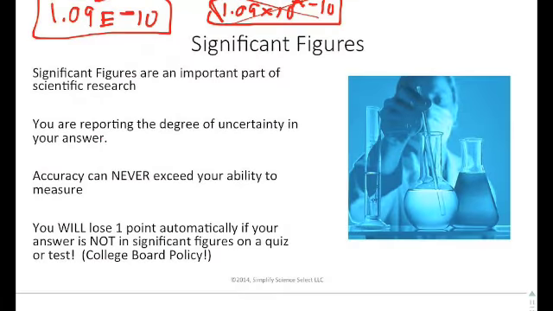So now we look at significant figures. Significant figures are what fell by the wayside a lot of the time as we moved through the year in chemistry. It is very important that you report significant figures, because they report the degree of uncertainty in your answer. So how correct is your answer? If I said your grade was somewhere between 90 and 100, some of you would be happy with that.